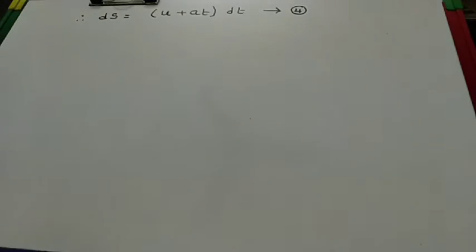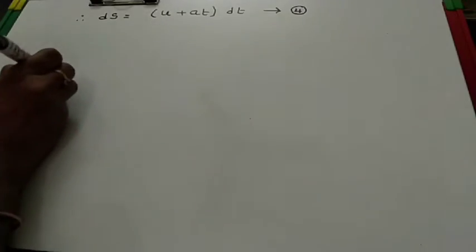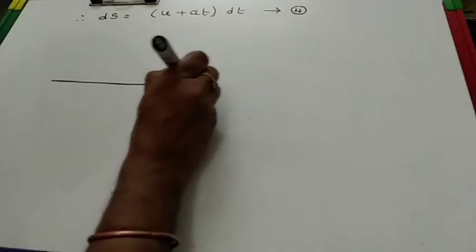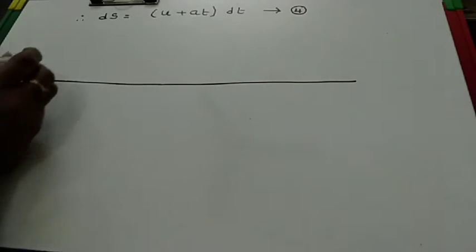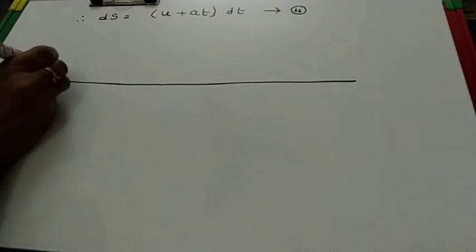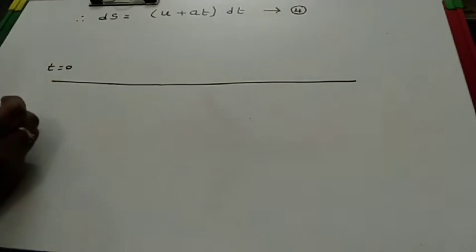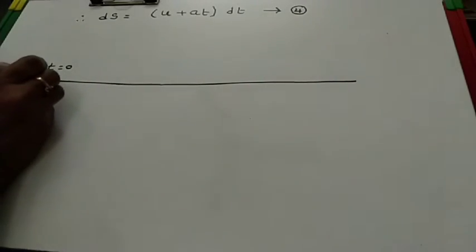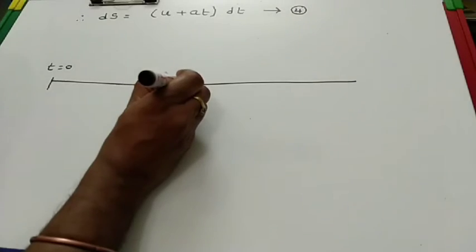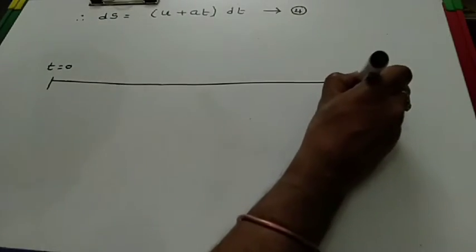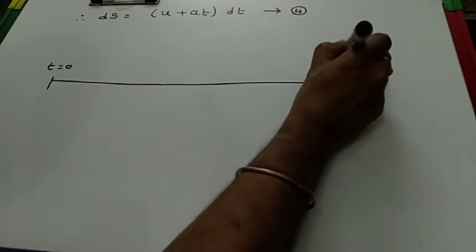Now, take a straight line. Initially at time t is equal to 0, the object moved some distance up to t is equal to n.